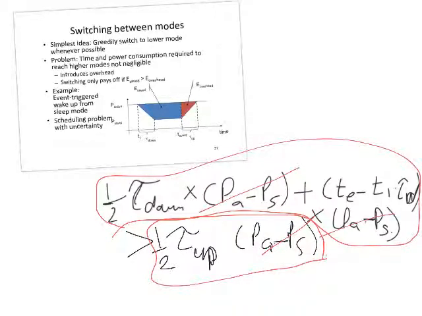Too difficult? Maybe. Why are you not convinced? Yeah? T event minus T1 minus tau down. This is minus, sorry, the pen is not helping me.